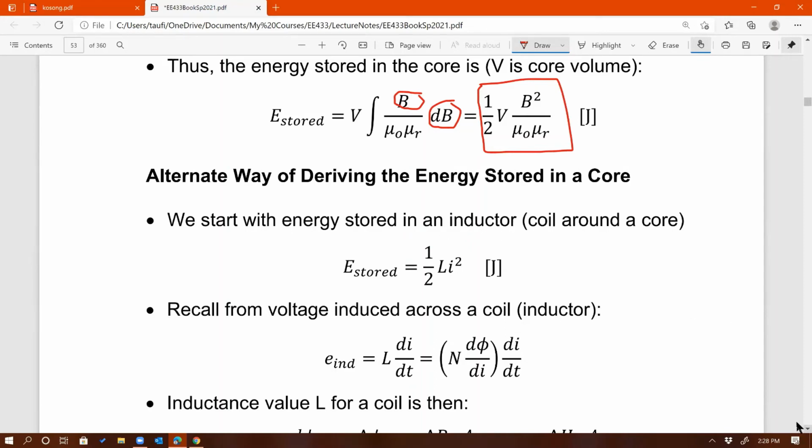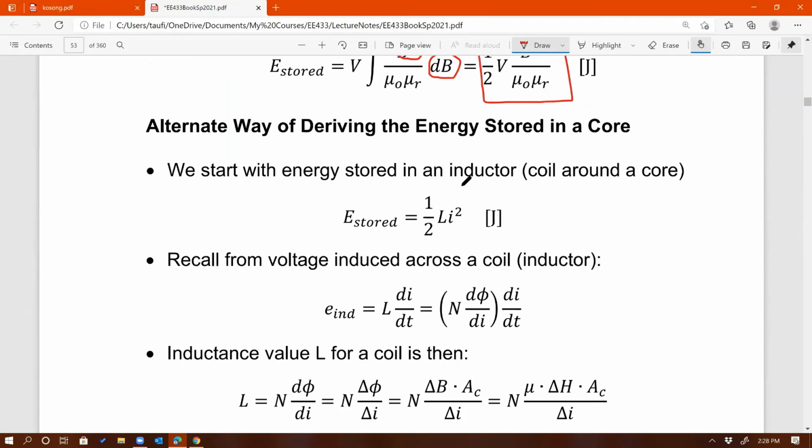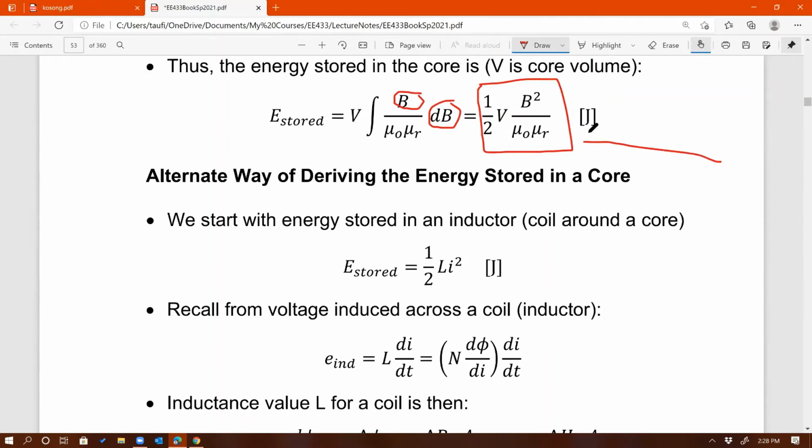So some time ago, I derived this with inductance. Stored energy in the inductor is 1/2 Li squared, and hopefully by deriving it from here, I get the same result right there. If I get the same result, then I can prove to you that this is related to the inductance as well. So that's the purpose of deriving this.